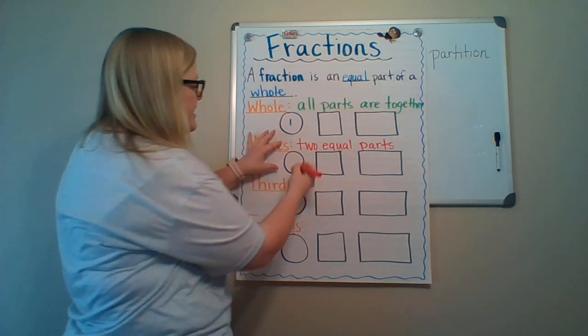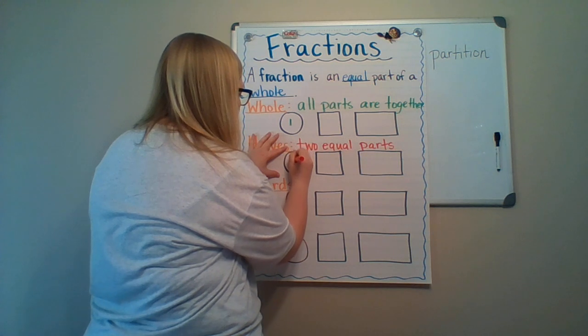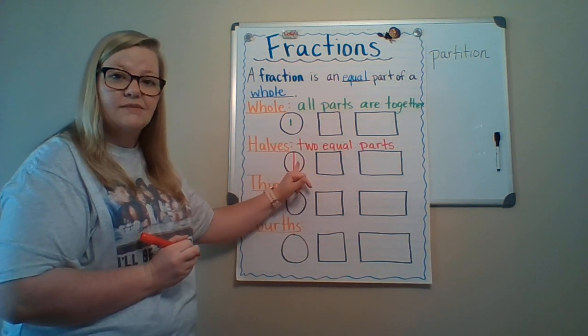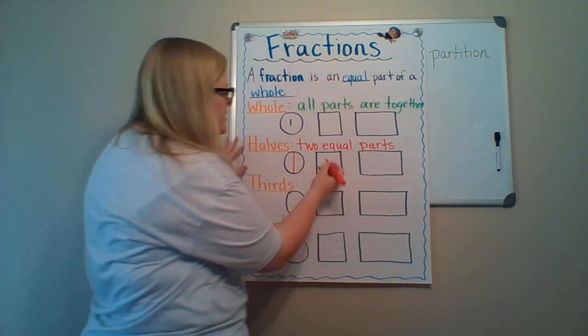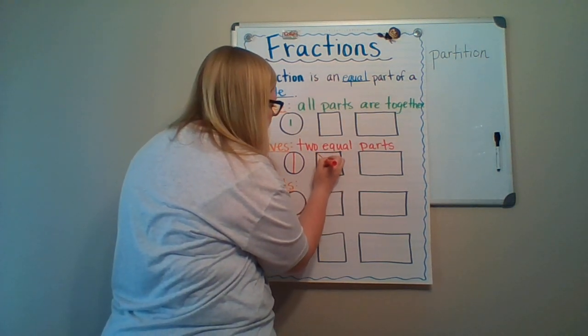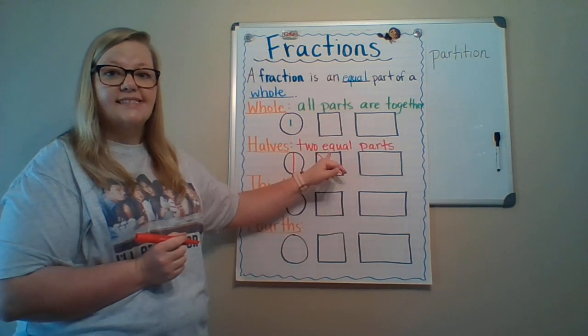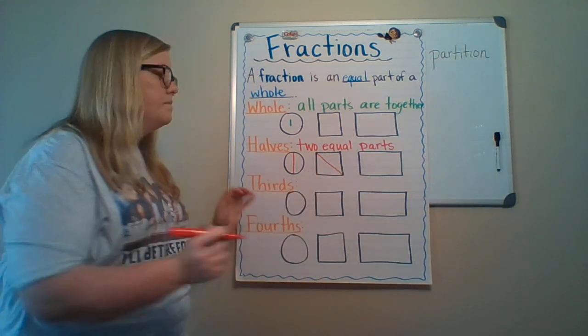So we could divide it into equal parts like this. This part is the same as this part. We could divide it into 2 equal parts like this, because this part is the same as this part. They are equal.